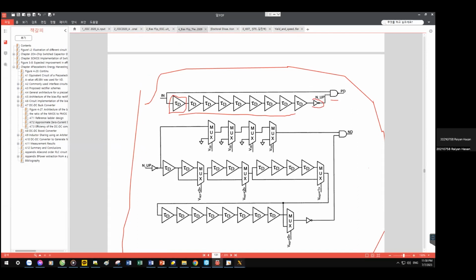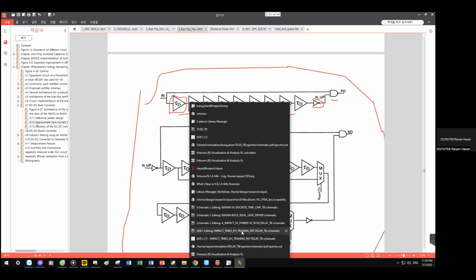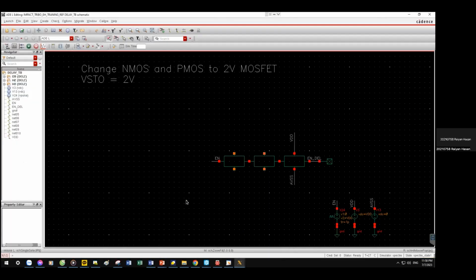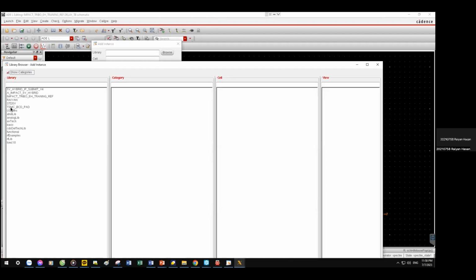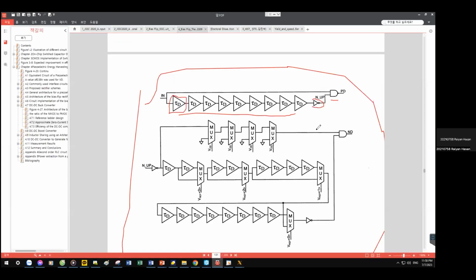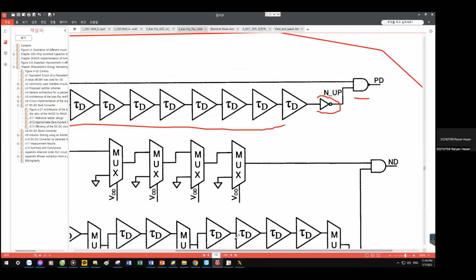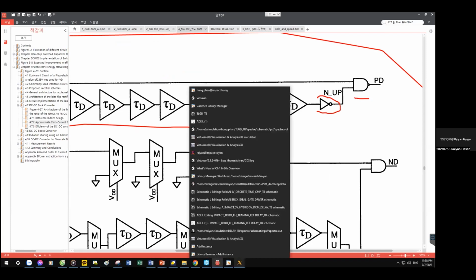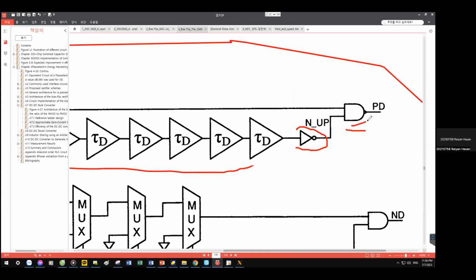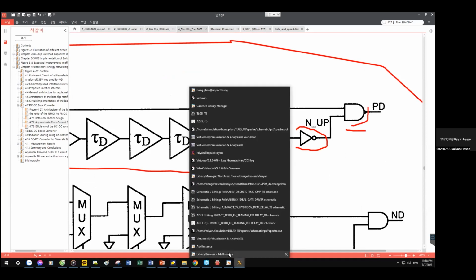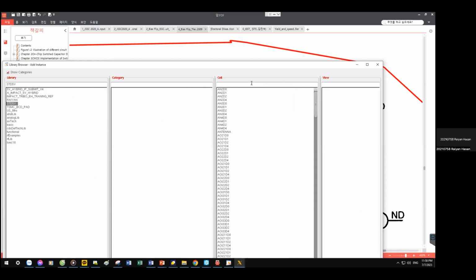This is in the library, in ST50. Here is the not gate, and here is the NAND gate, and not gate.